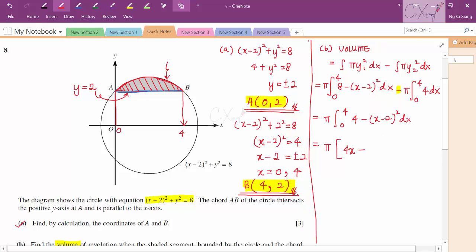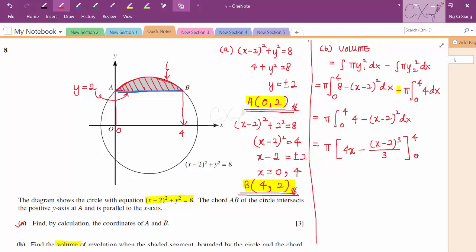Integrate a bracket with a power outside: I will copy the bracket, power plus 1, which is 3, so divided by the new power 3. Differentiate x minus 2, you get 1, so you should multiply by 1 at the denominator. Then I need to substitute the limits 4 and 0 now.